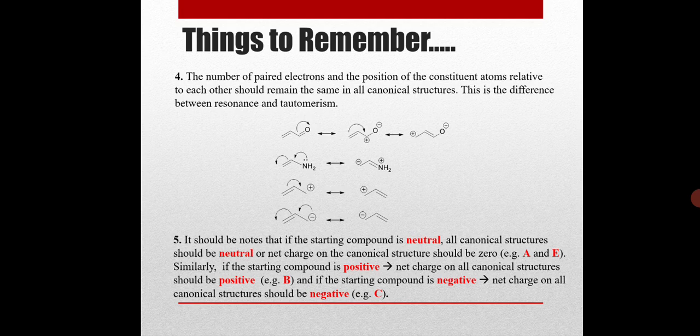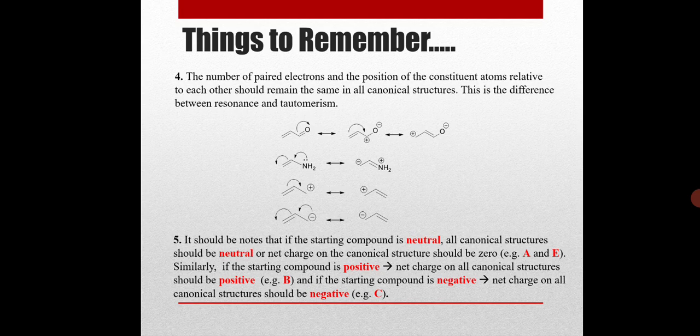Similarly, if the starting compound is positive, the net charge on all canonical structures should be positive, and if the starting compound is negative, the net charge on all the canonical structures should be negative.